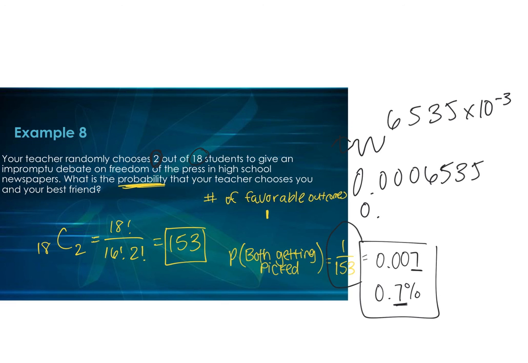So we're still going to move it 3 spaces, because of this negative 3 here, okay? So I move it 3 spaces, so I should get 0.006535, and then you know that you have to round that, so it'd be 0.007. Okay?